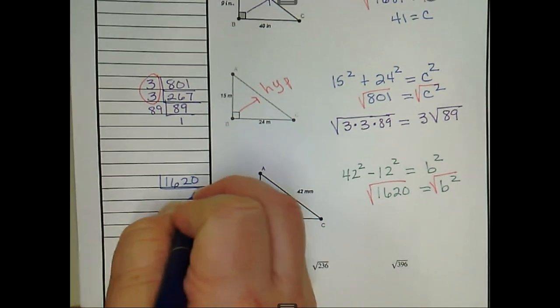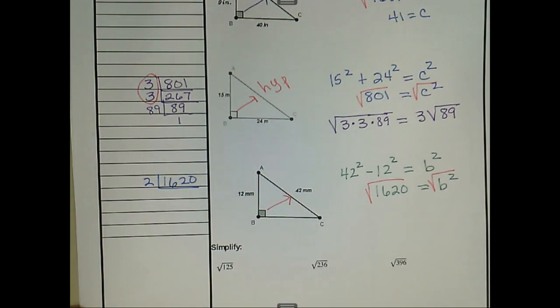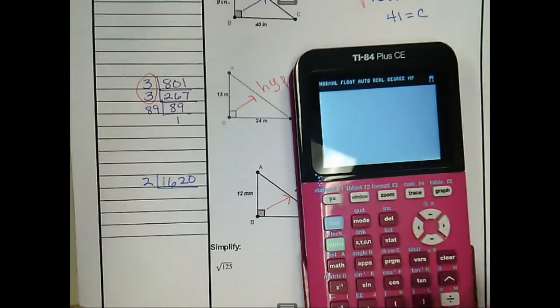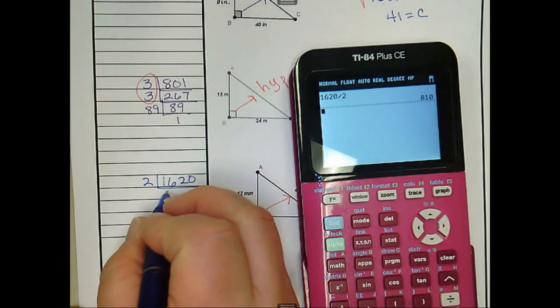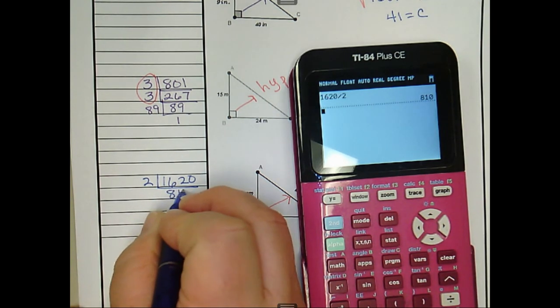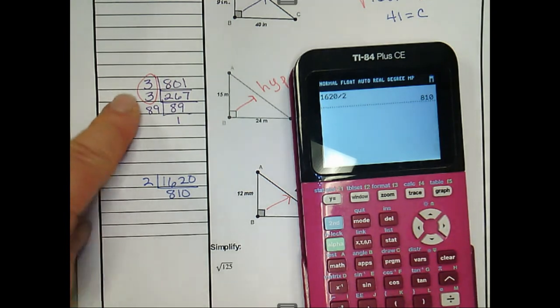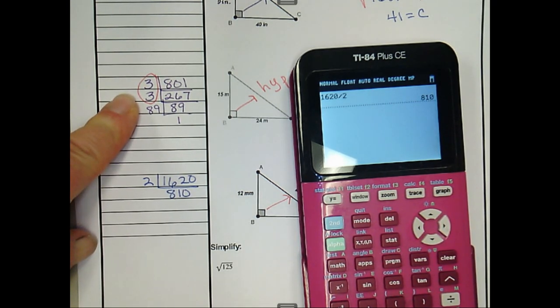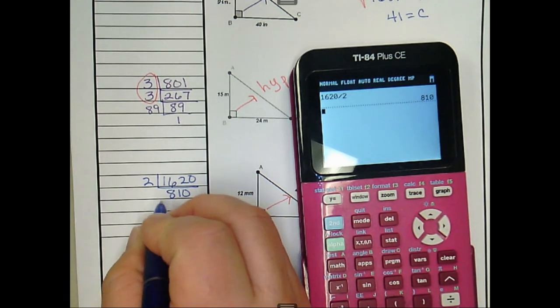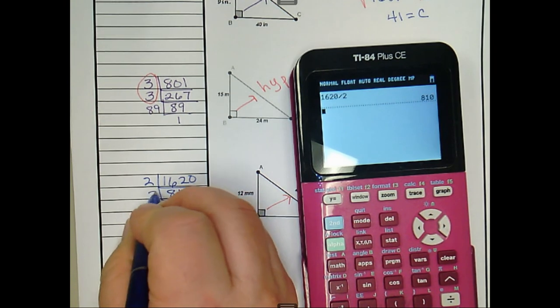1,620 is even. Let's divide it by 2. And I get 810. Oh, look up here, it's 810 also. So I'm going to divide it by 3.